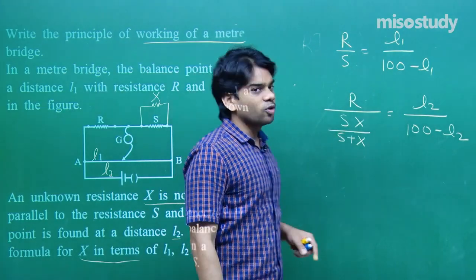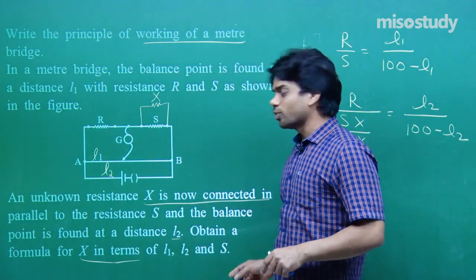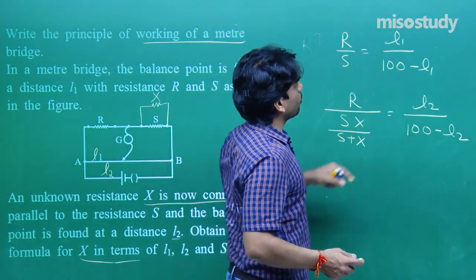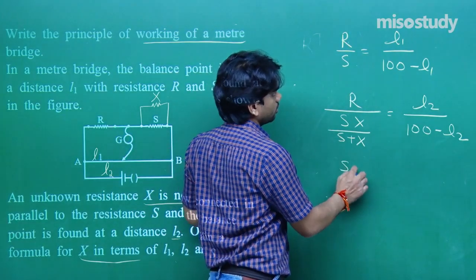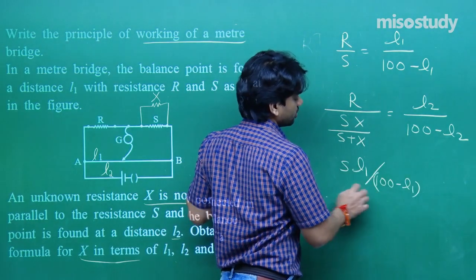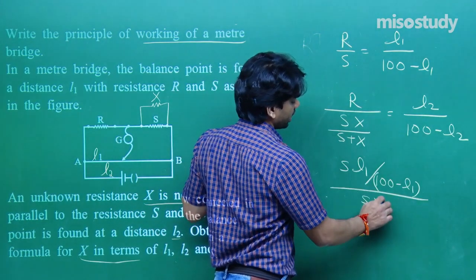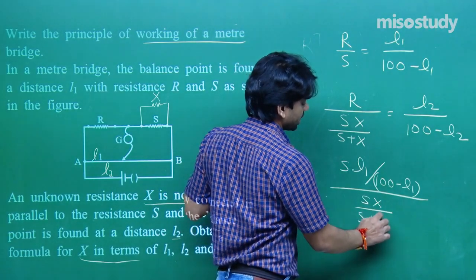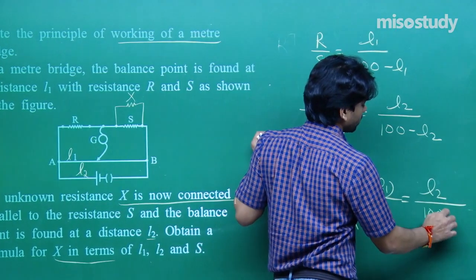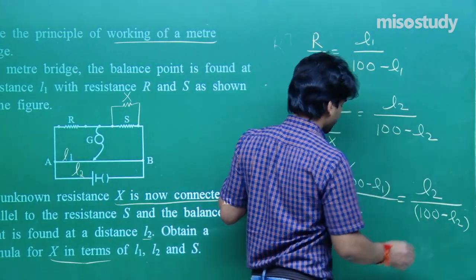We want to find out the value of X in terms of L1, L2 and S. So what to do, R value if you put from here, it will be S into L1 upon 100 minus L1. So S into L1 upon 100 minus L1 is the value of R, and here we have Sx divided by S plus X is equal to L2 divided by 100 minus L2.